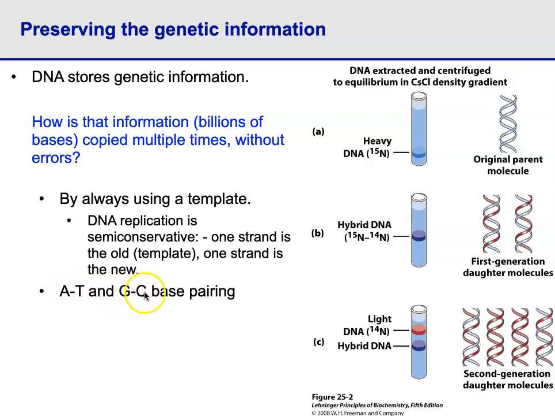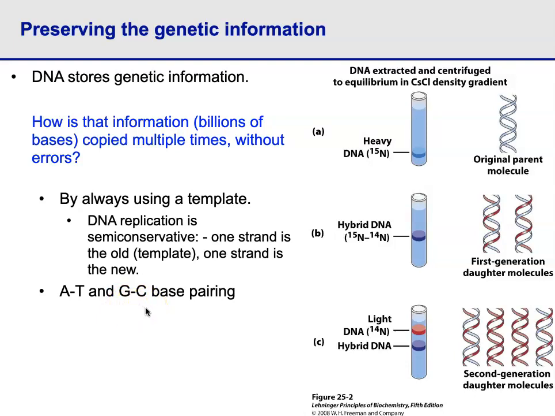Each G with a C and each C with a G. So together, the fact that we use a template and the fact of the well-known base pairing, we can multiply DNA countless times with almost no error.